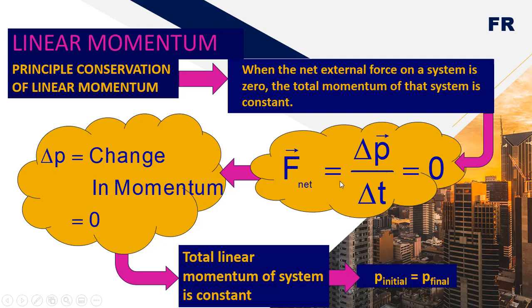F net equal to delta P over delta t equal to 0. So if delta P over delta t equal to 0, this means delta P, that is the change in momentum, is 0. There is no change. So this means total linear momentum of the system is constant, or in equation form we can write it: the initial total linear momentum is the same as the final total linear momentum of the system.